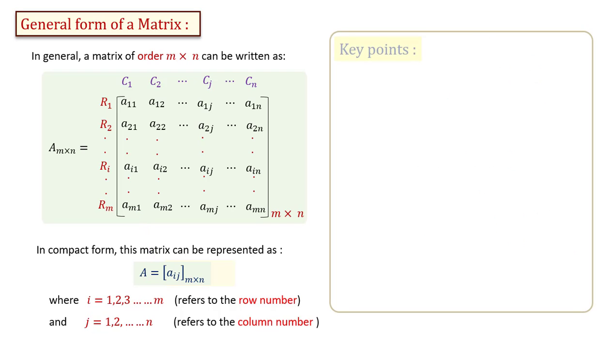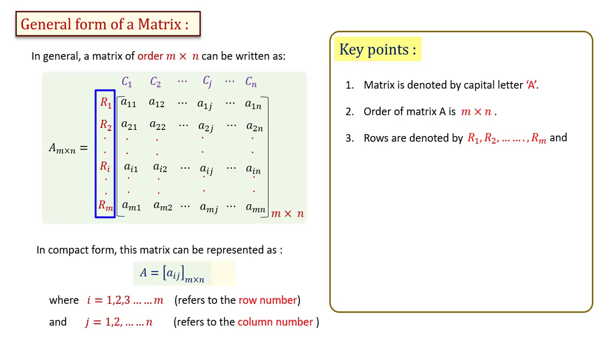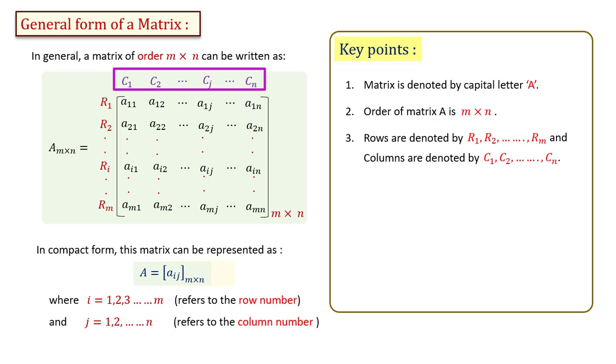Now remember these key points. First, a matrix is denoted by a capital letter A. Second, the order of matrix A is m by n. Third, rows are denoted by R1, R2 up to Rm, and columns are denoted by C1, C2 up to Cn.